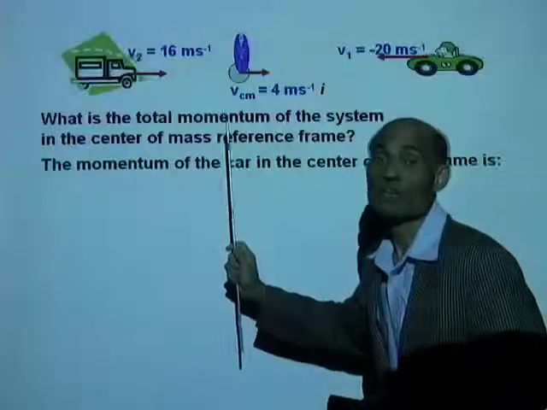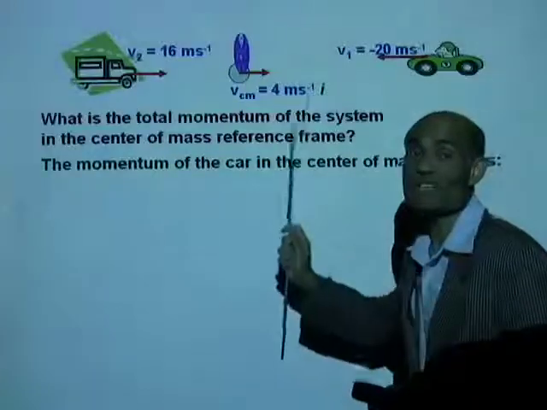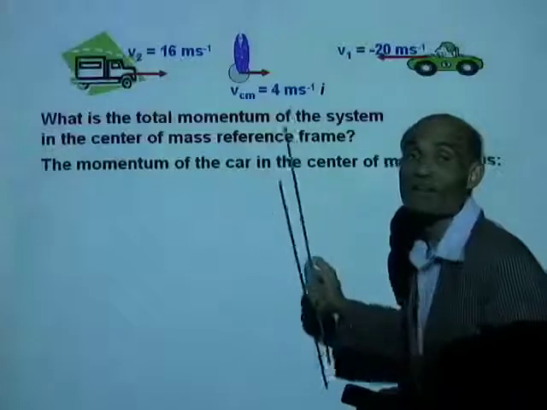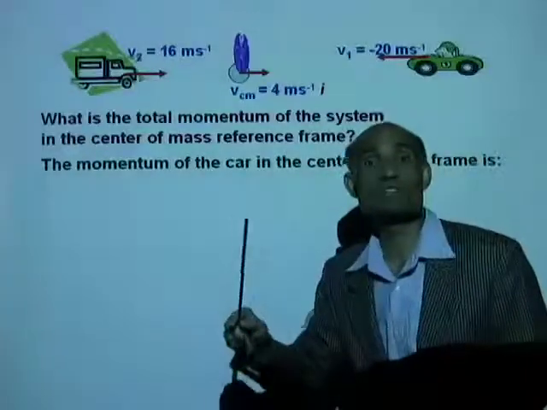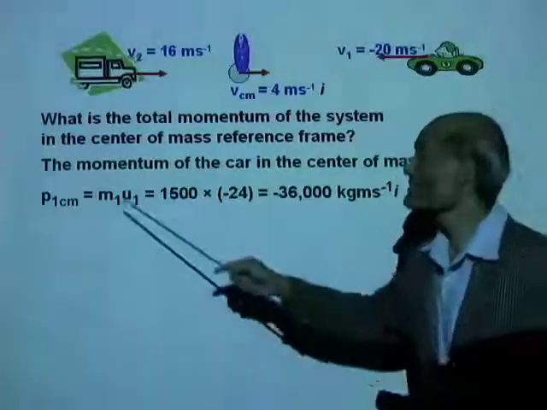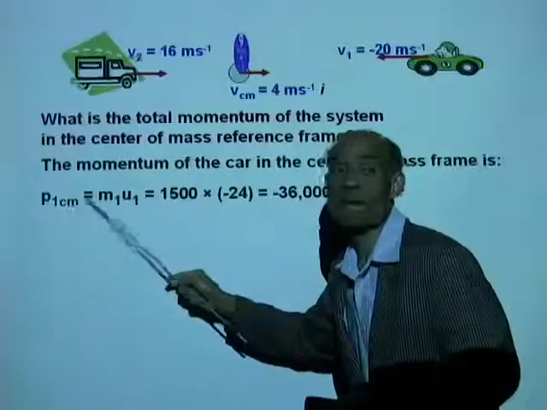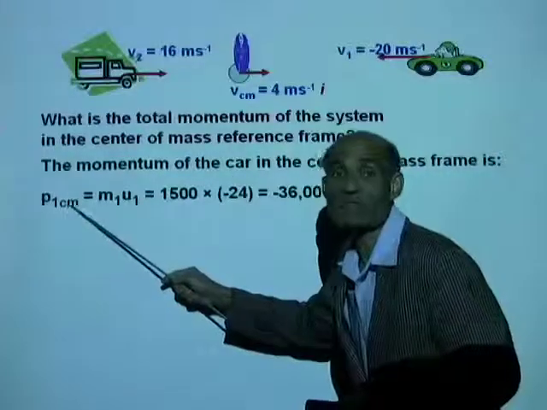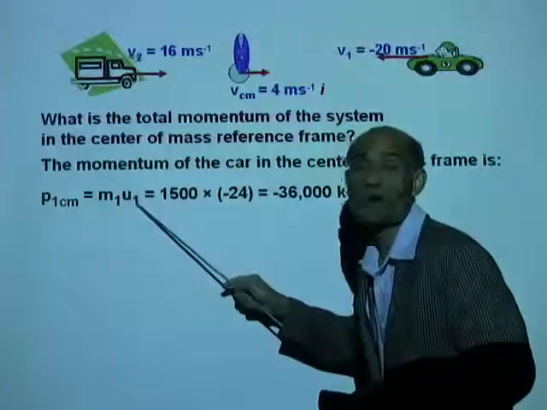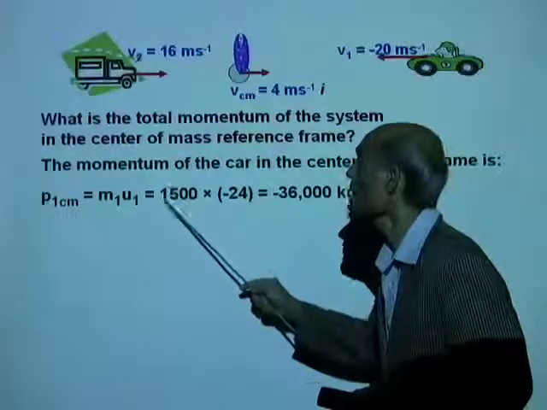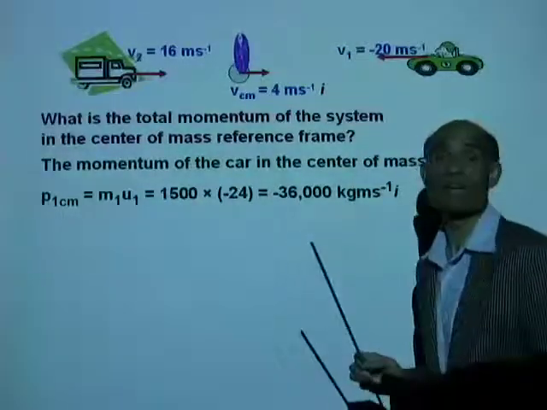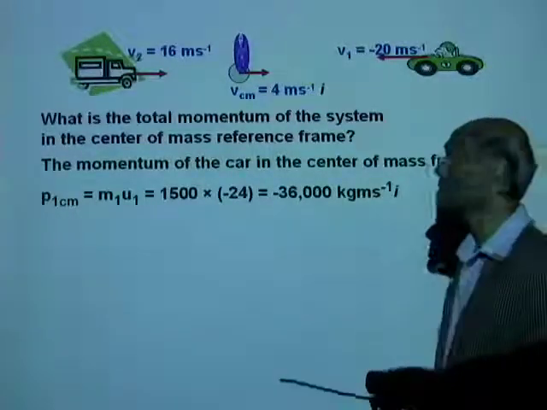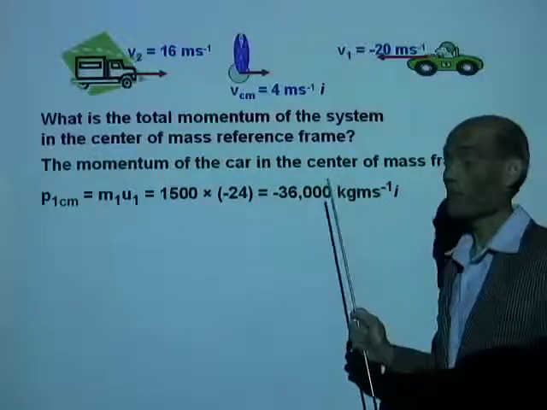Now remember, the velocity of the car in the center of mass reference frame is u1, which is negative 24 meters per second. P1 center of mass, the momentum of the first object in the center of mass reference frame, is m1 u1, which is 1500 times negative 24. That is negative 36,000 kilogram meter per second i.